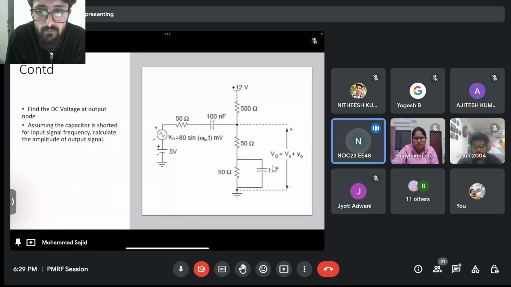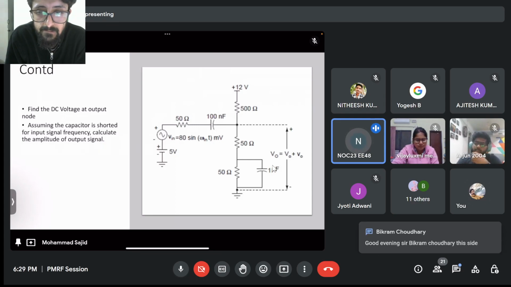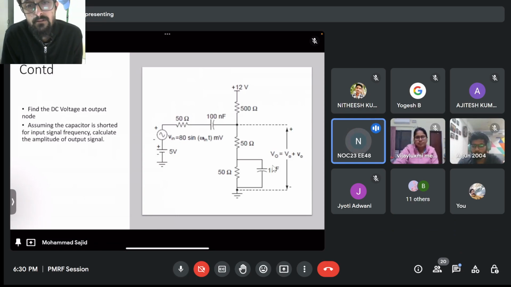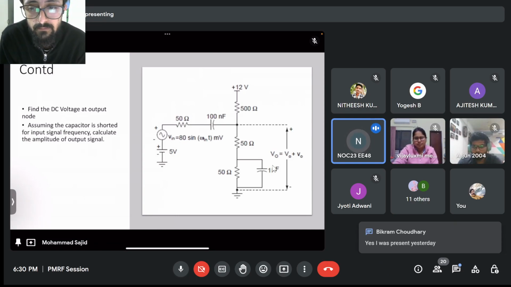They are framing the assignment problems. Of course, they discuss with me and finalize the assignment problems. And the purpose of introducing this interaction is engaging new people for this interactive session so that it may be beneficial for the participants.